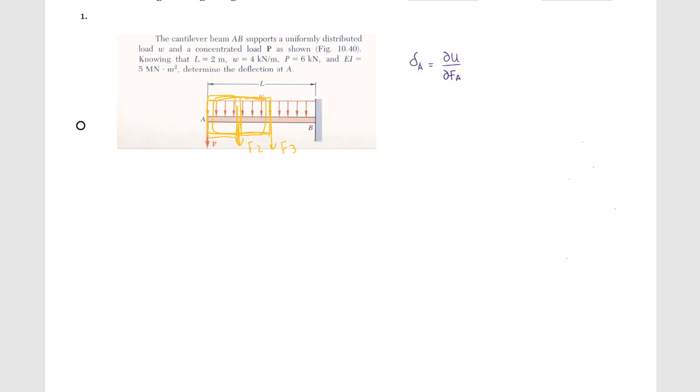Again, every time you have a point load, your function mathematically has a discontinuity, so you have to split the integral so that you can actually model the full loads with a different mathematical function.